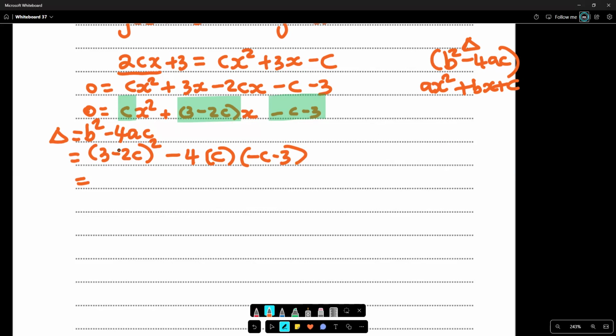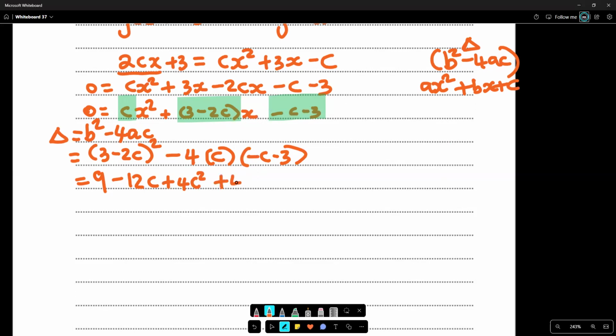Remember, 3 times 3 is 9. And then you're going to have this times that times that. So 3 times negative 2c times 2 gives us minus 12c. Then minus 2c times minus 2c gives us plus 4c squared. Then here you can see you have minus 4c times negative c.